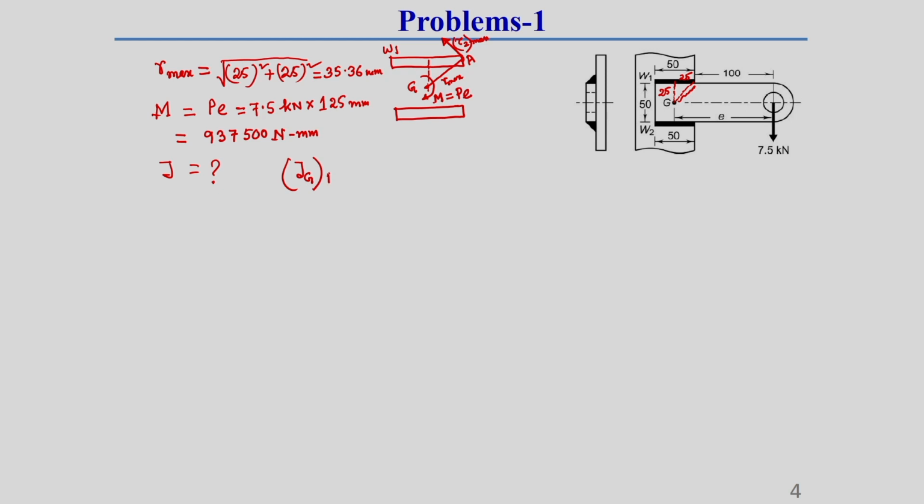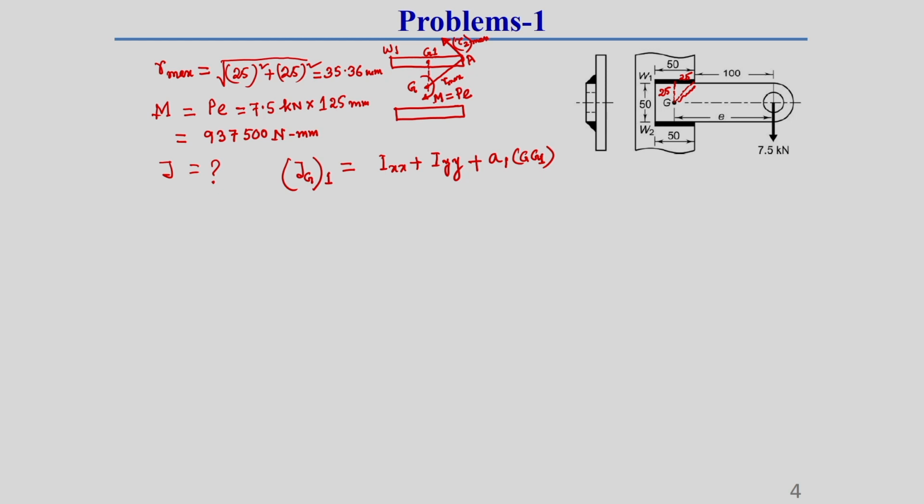So, let us take J about G of weld 1, which is equal to, I have already told you, Ixx plus Iyy plus, due to the parallel axis theorem, area of this weld 1 into the distance between G and G1. G1 is the center of gravity of weld 1.